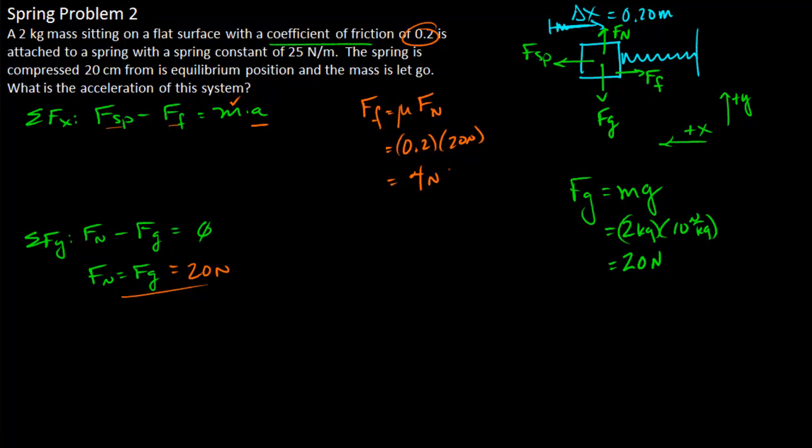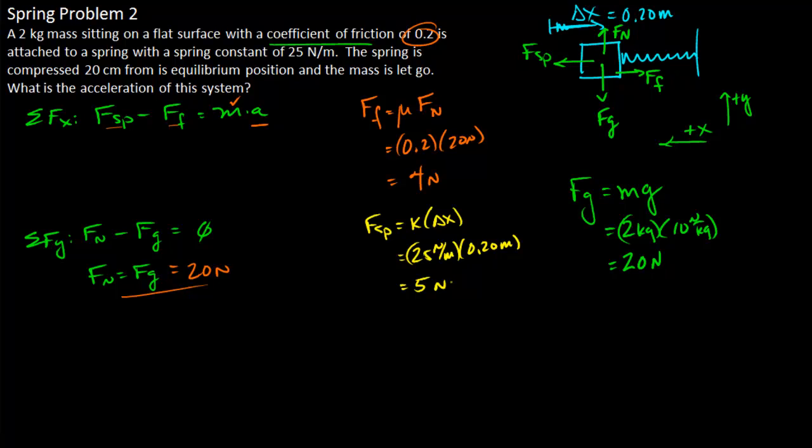I also have a spring equation, which says that the force due to a spring is equal to k times delta x. The spring constant is given as 25 newtons per meter. Delta x is given in this problem as 20 centimeters, but I'm going to use the meter version, so 0.20 meters, which gives me a spring force of 5 newtons.